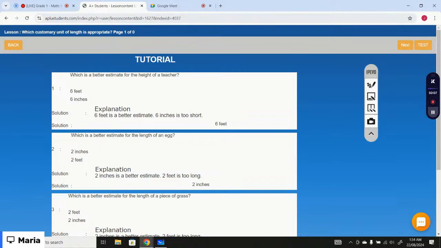The next one is which is a better estimate for the length of an egg? 2 inches or 2 feet. So which is the correct option?